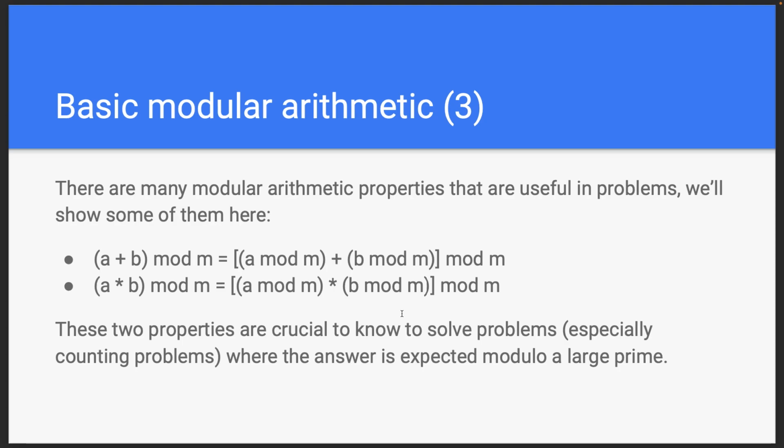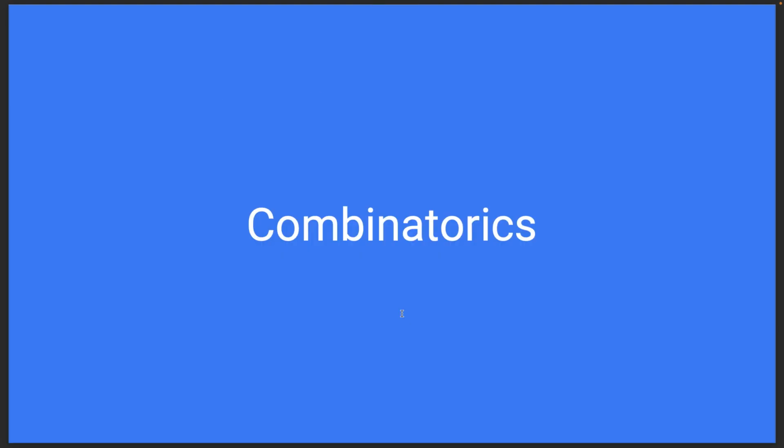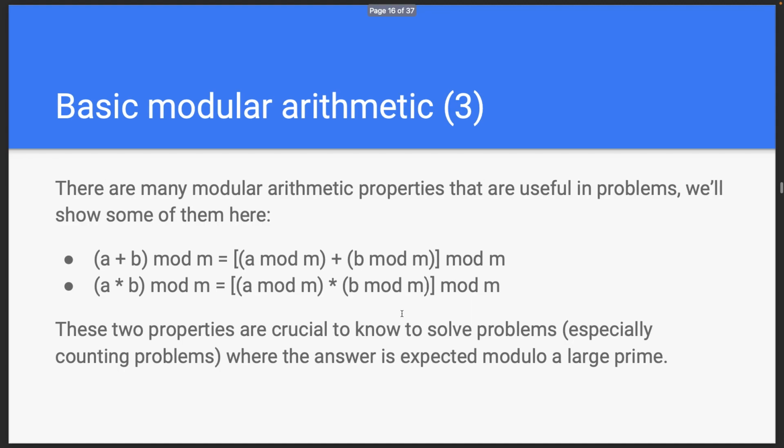And okay, that's mostly it for number theory fundamentals. There are also many other things that are more advanced, but I think these are the fundamental basics for up to a very far point in competitive programming. You just need mostly this stuff.